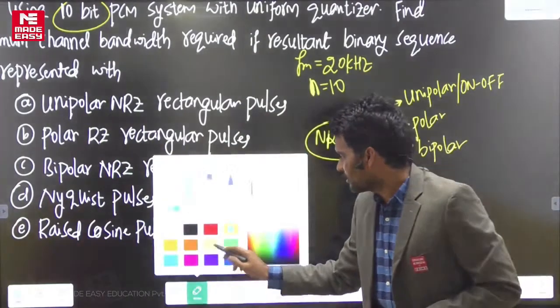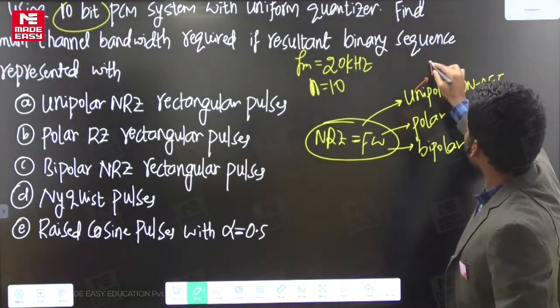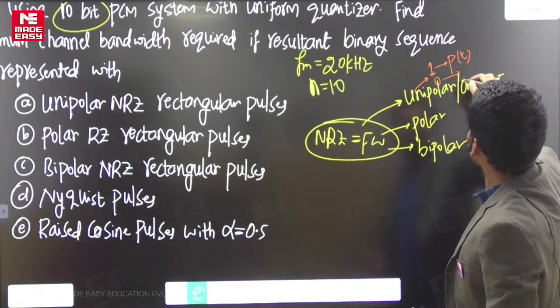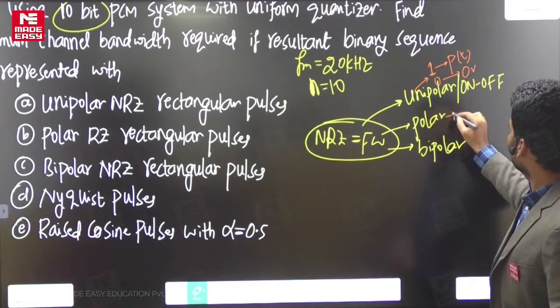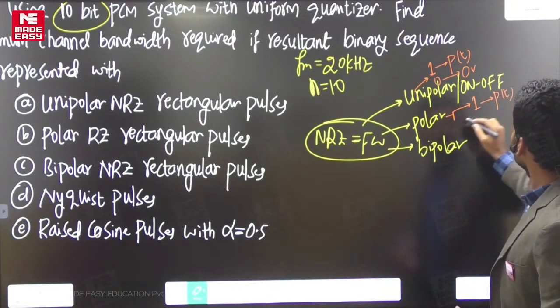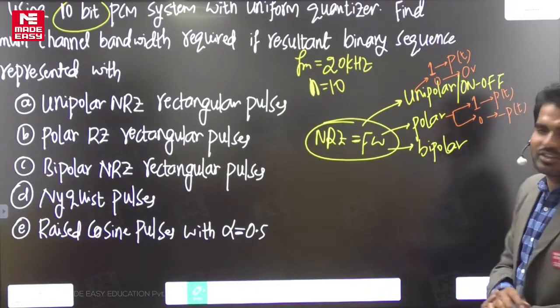In unipolar, or on-off, binary 1 is represented by the presence of a pulse, which I'm denoting with PT, and binary 0 is represented by 0 volts. In polar, binary 1 is represented by a positive pulse, PT, and binary 0 by the corresponding negative pulse.